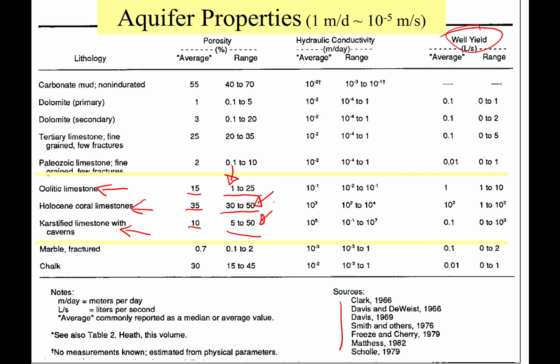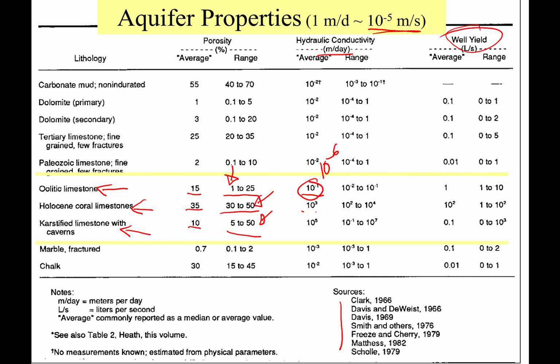And so for hydraulic conductivity, let's see, that says 10 to the minus 1 meters per day. In class, we've been using meters per second. So the conversion is that 1 meter per day is about 10 to the minus 5 meters per second. So that would be about 10 to the minus 6 meters per second for an average.